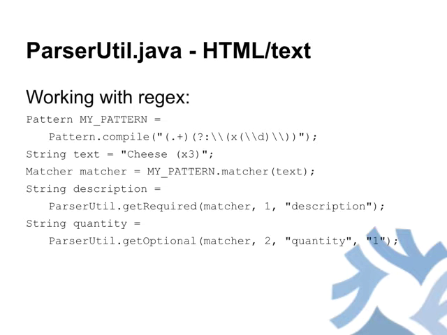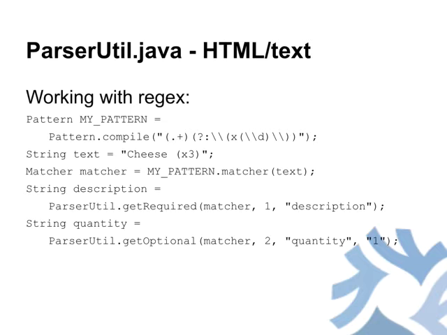If you call getRequired and that text is not found, it will throw an exception and it will stop parsing the receipt. This is preferred to inserting bad data into the database. So if you find that the description, for example, is always present and is required, you should be calling ParserUtil.getRequired.